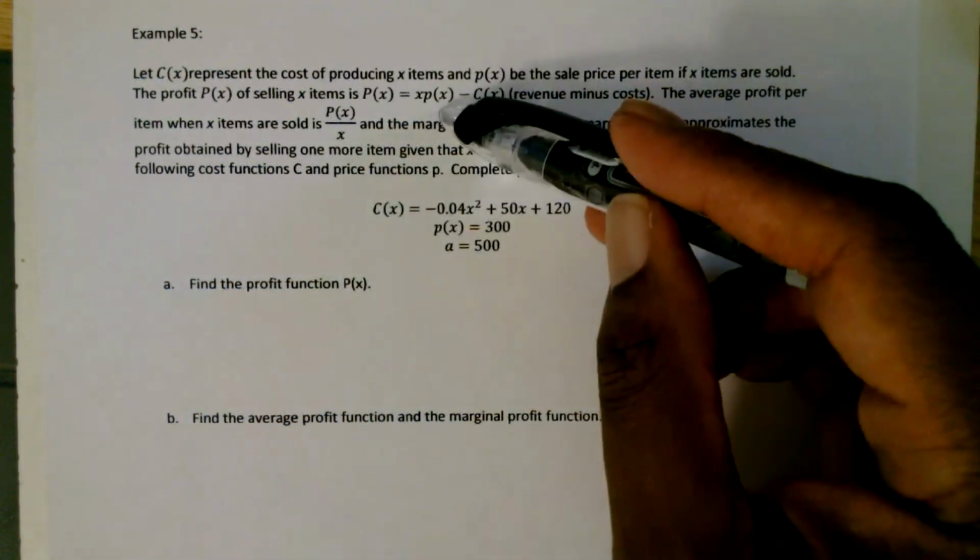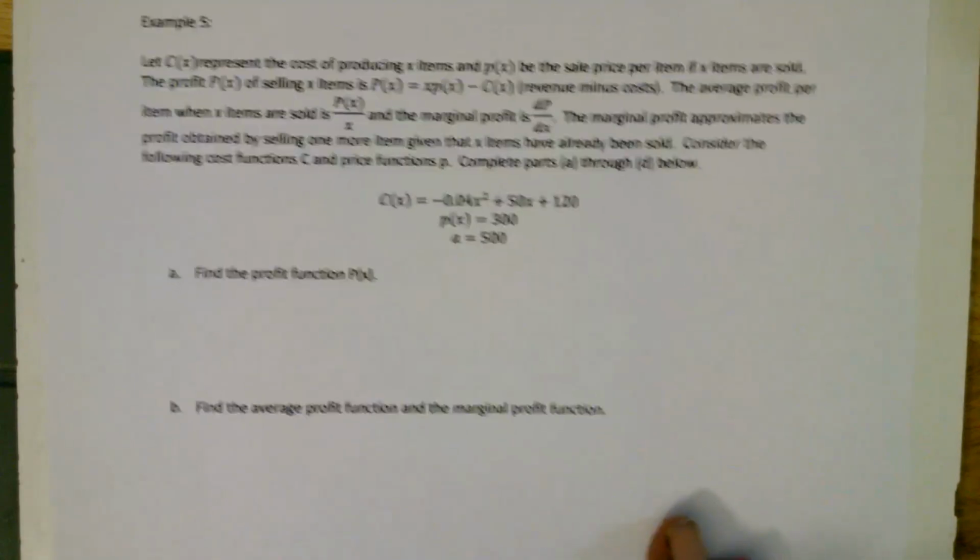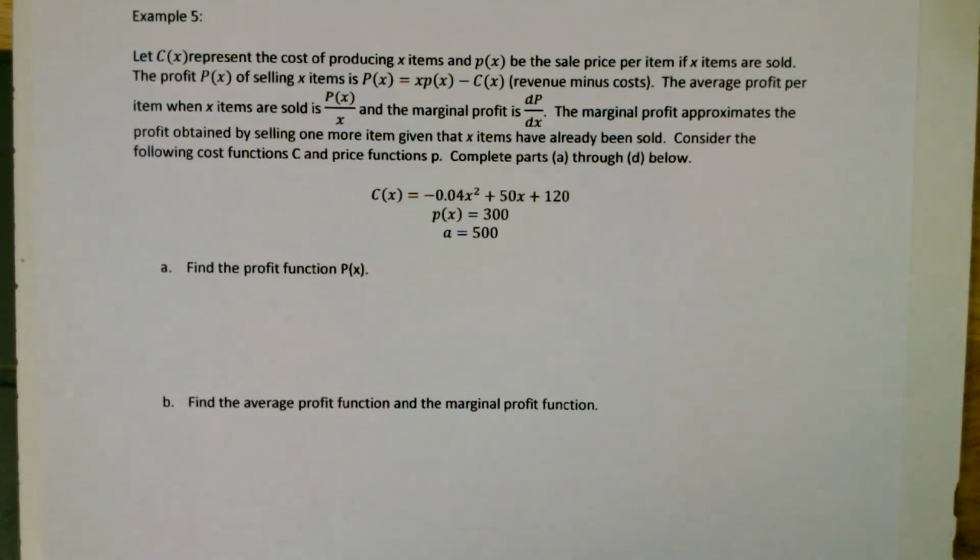That's revenue minus cost. The average profit per item when x items are sold is going to be P of x divided by x, and the marginal profit is going to be dP/dx. The marginal profit approximates profit obtained by selling one more item, given that x items have already been sold.